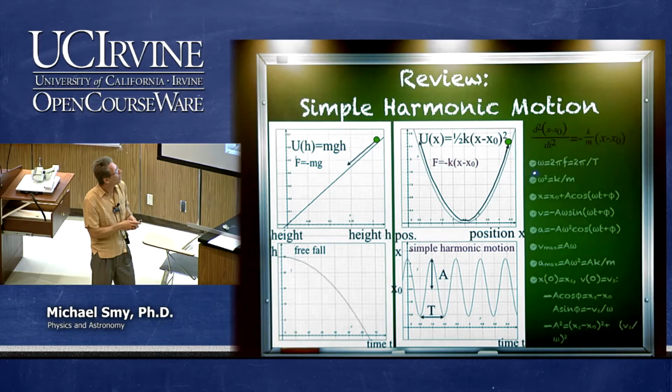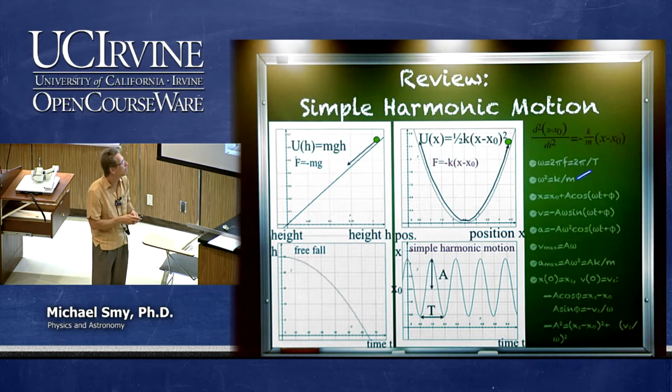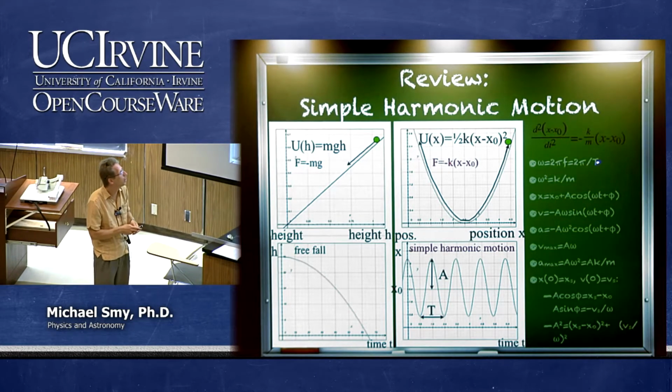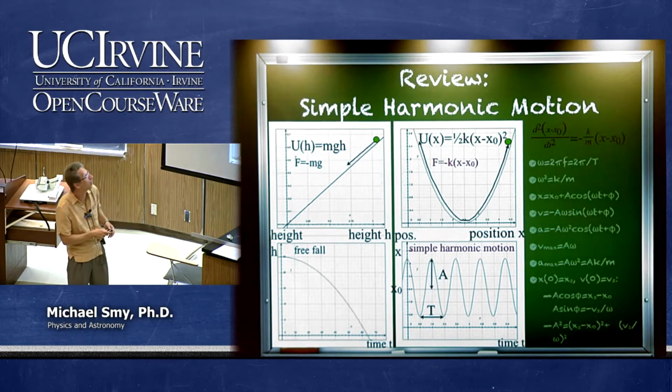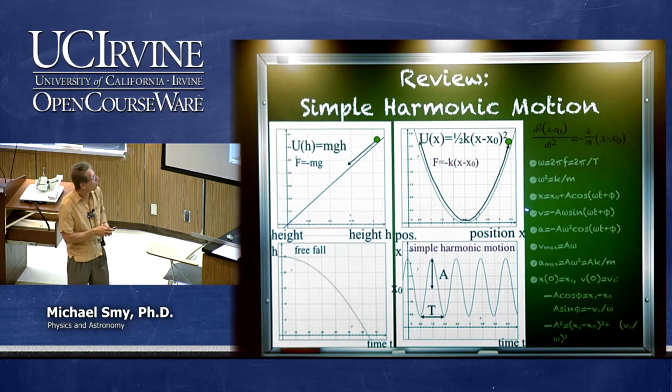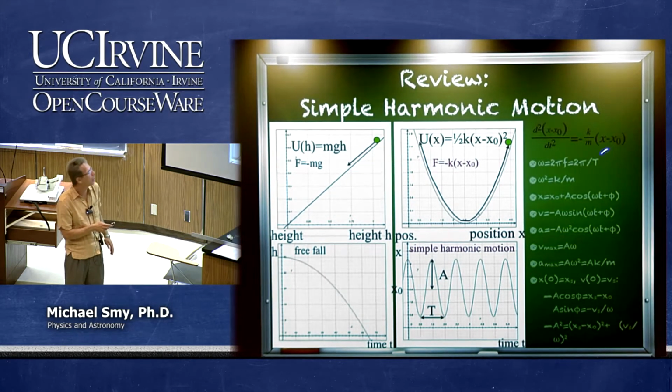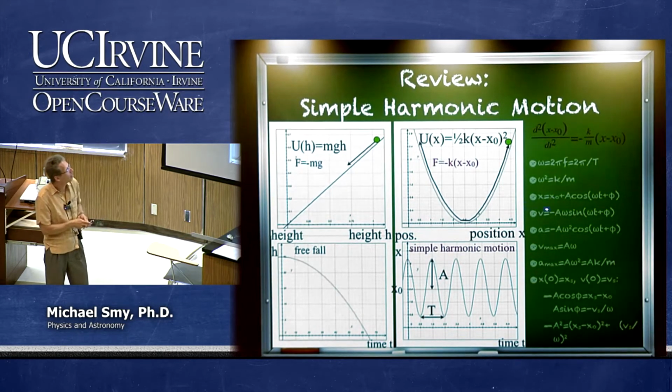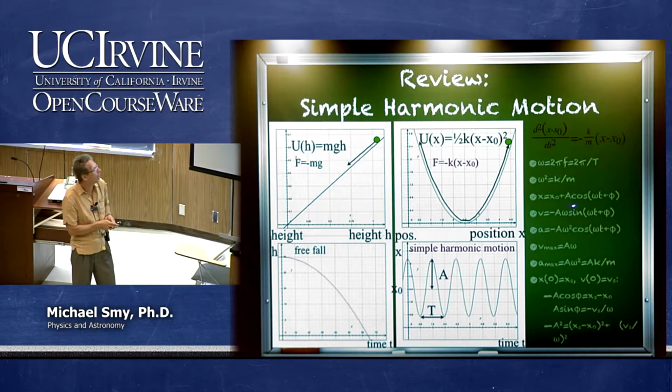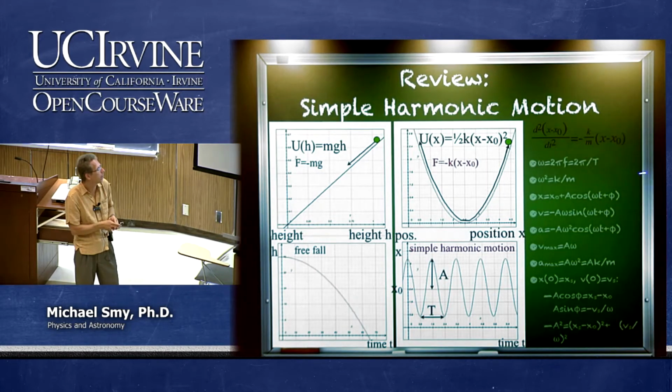And then omega equals 2 pi times the frequency, or 2 pi divided by the period. So the frequency is inversely related to the period. So mathematically, we describe this as x equals x naught plus A cosine of omega t plus an angle phi.